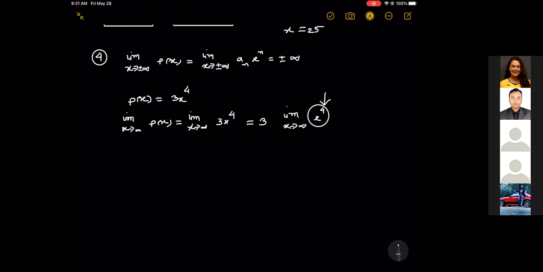We only care about where it's taking us. If you plug in infinity in place of x, x to the 4 will give you a bigger value. So what's infinity to the power 4?